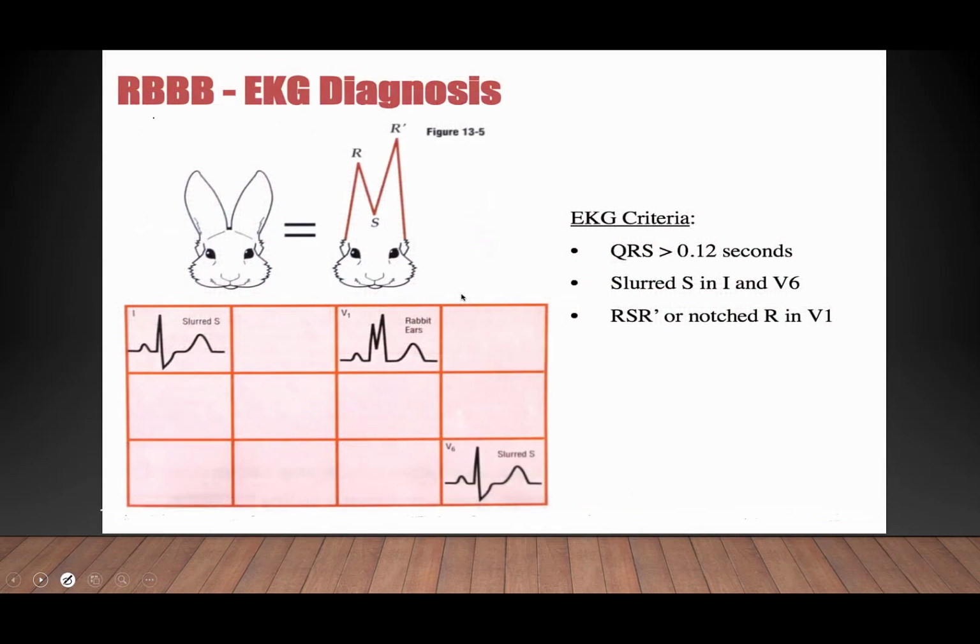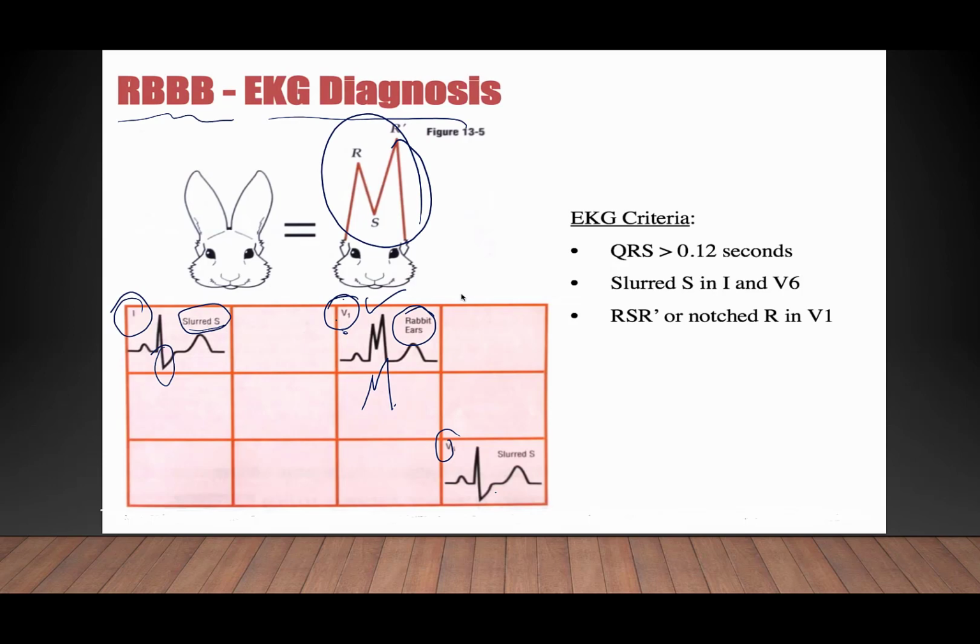Here we have right bundle branch block. If you look here, we have lead 1, where we have a slurred S wave. If you look at V1 and V6, in V1 we have a rabbit's ear shape, just like that, while V6 has a slurred S also.